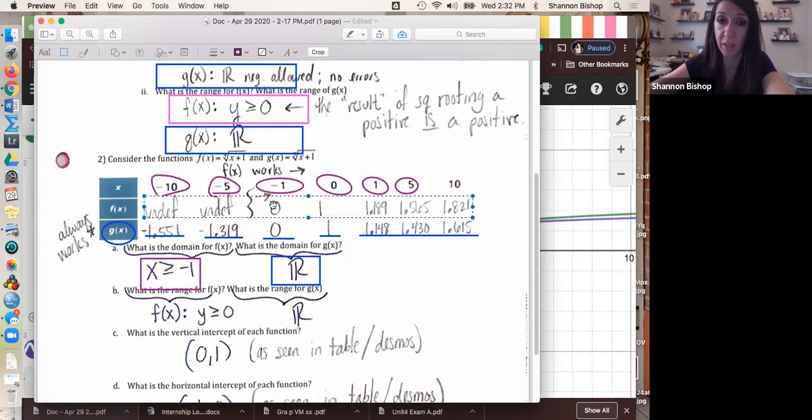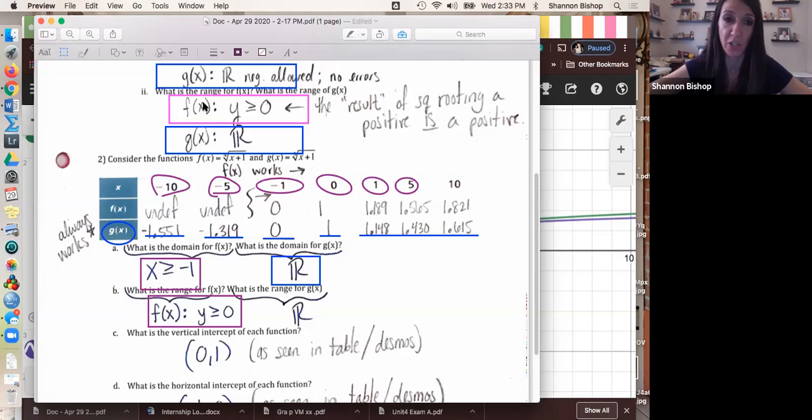And specifically everything from 0 and up. That's what it means to be positive, is from 0 and up. So the range on f of x seems to just be positive answers. Everything above 0 is valid for the outputs. Notice I'm using the letter y because it's outputs. So for the first function, your range seems to be positive answers only.